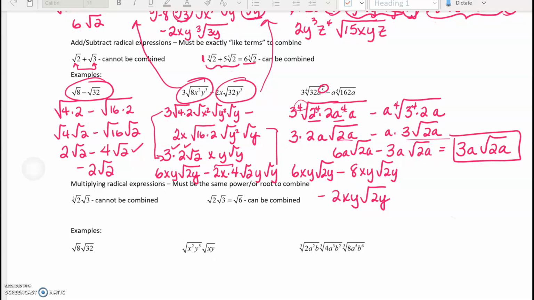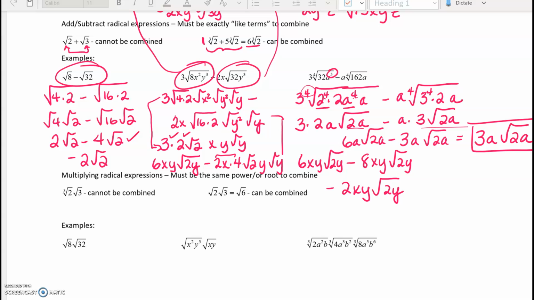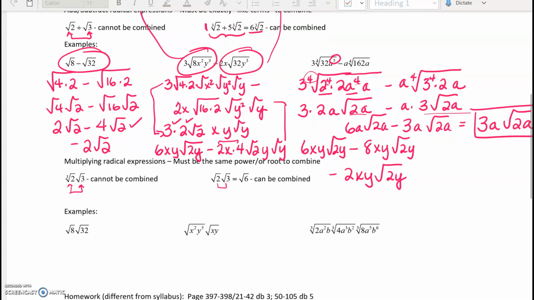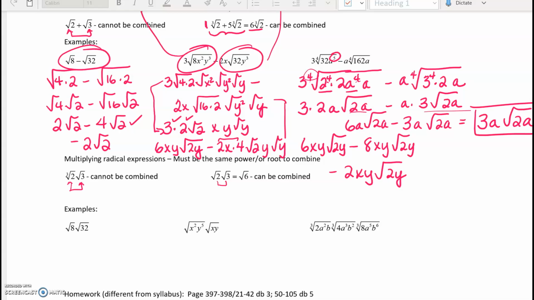Multiplication is actually a little bit easier because you can do more with it. You cannot multiply unlike roots. So here we have a cube root and a square root. Here we have two square roots, so I can combine what's inside and get square root of 6. Sometimes you want to do that, sometimes you don't. To be honest with you, I don't want to multiply 8 times 32, which is what the first example is suggesting.